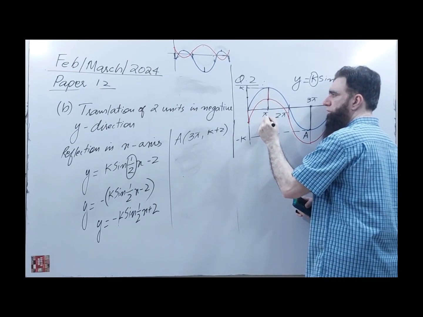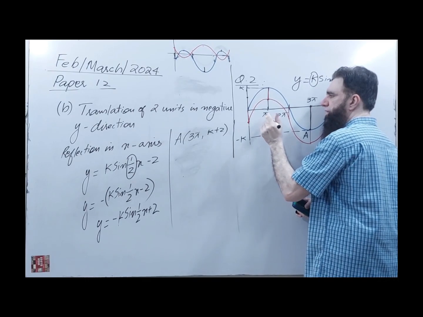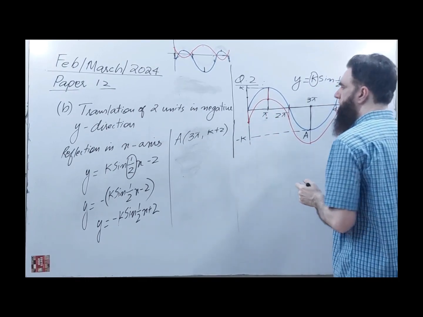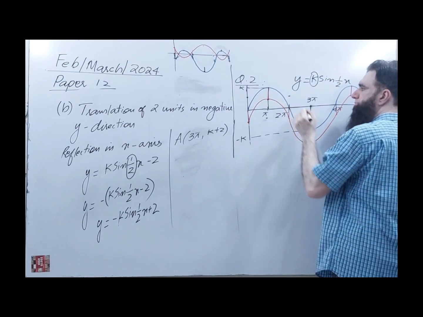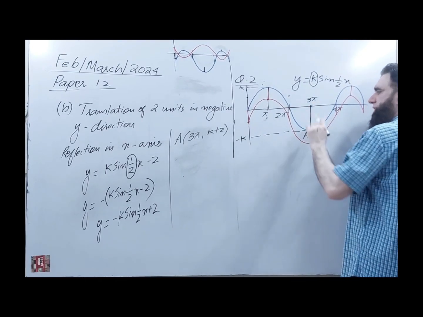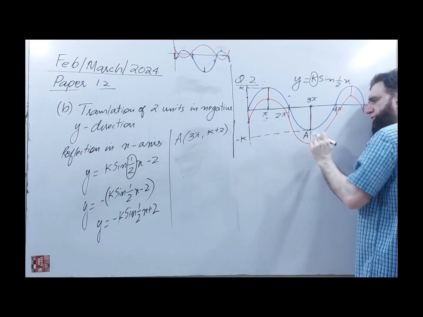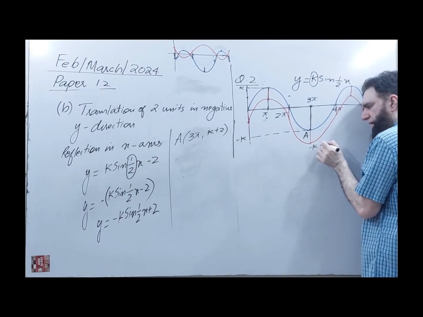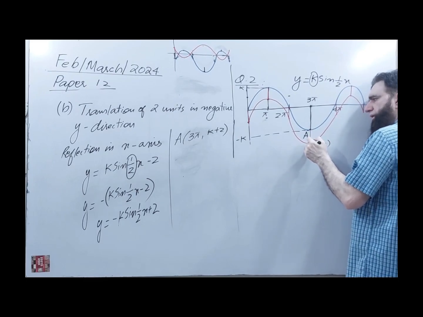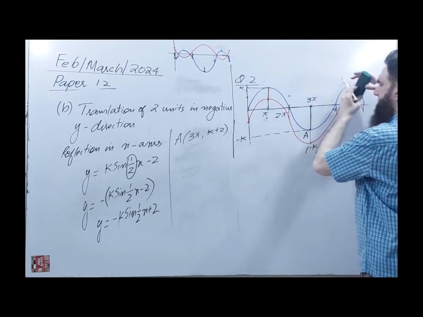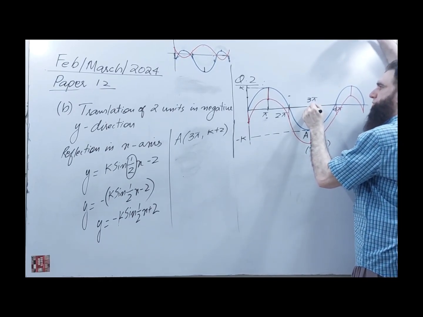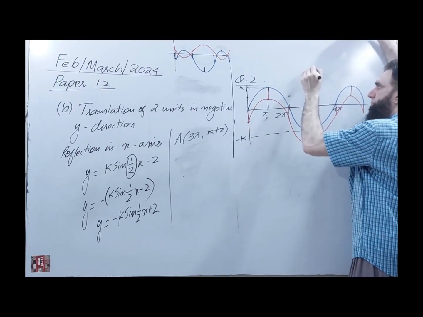This comes down below x-axis, somewhere here. Similarly, this is 2 units down, this goes 2 units up. This was k and this was minus 2. So the distance is minus k minus 2. When you turn it up, it goes down, and this becomes k plus 2. This is something like here, k plus 2.